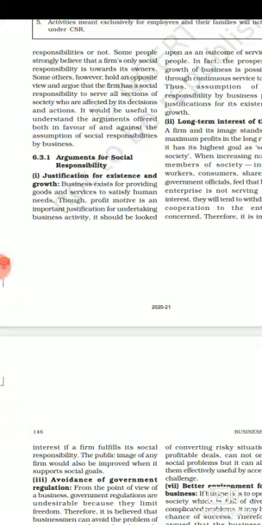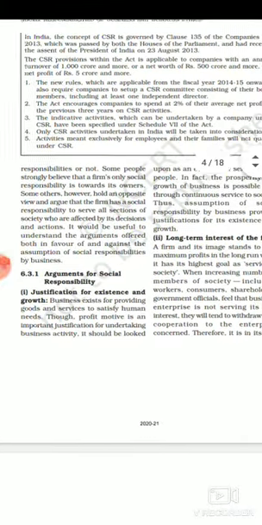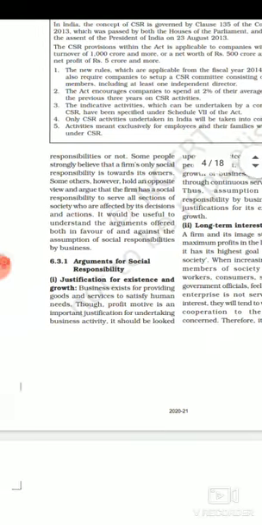And though it's very important for them to get profit to conduct business activity, they should also fulfill other social responsibilities, because they are using the services and resources which they get from the society. Now this assumption of social responsibility by business provides justification for its existence and growth.